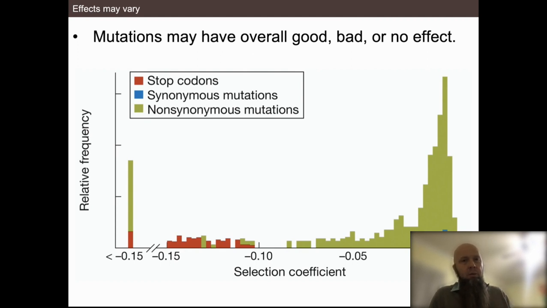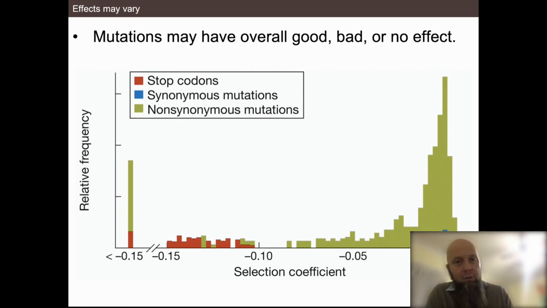But as you get farther and farther to the left, you can see that there are lots of mutations that have very negative consequences. All right. Now, if you look to the right of 0, things don't get that great. Most of the mutations have no effect.